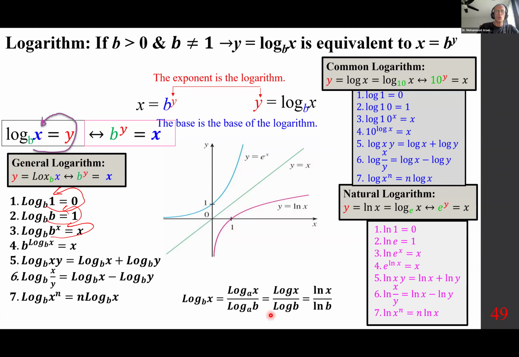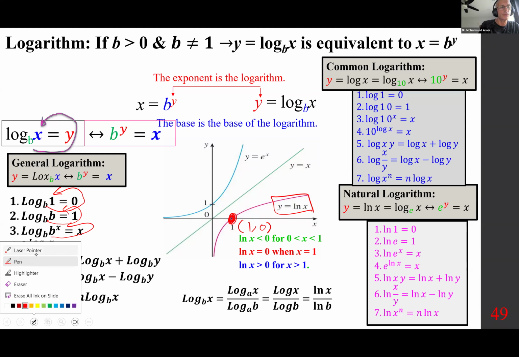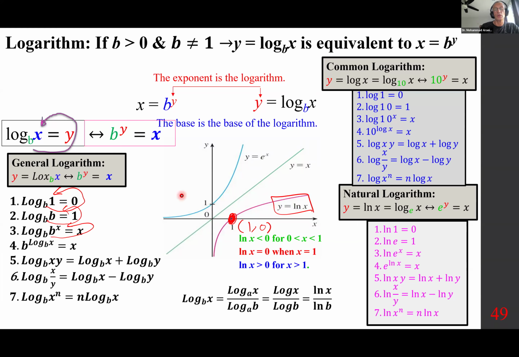However, we go with a common log or a natural log for the sake of calculation, and you're putting it into a calculator to work out for us. As far as this is concerned, this point has coordinates (1, 0), and of course, this would be (0, 1).